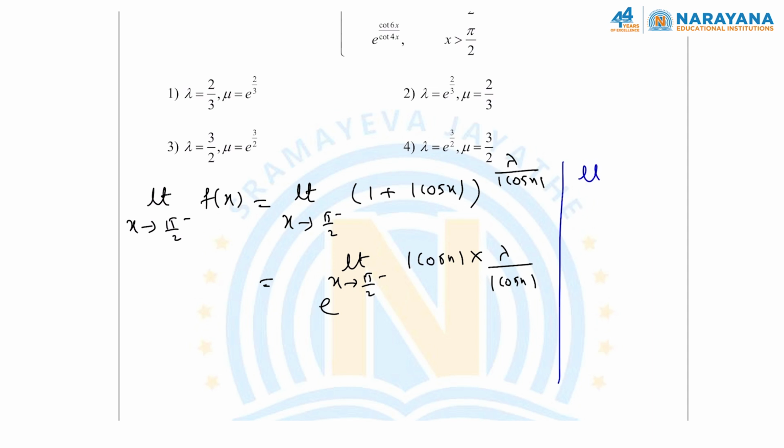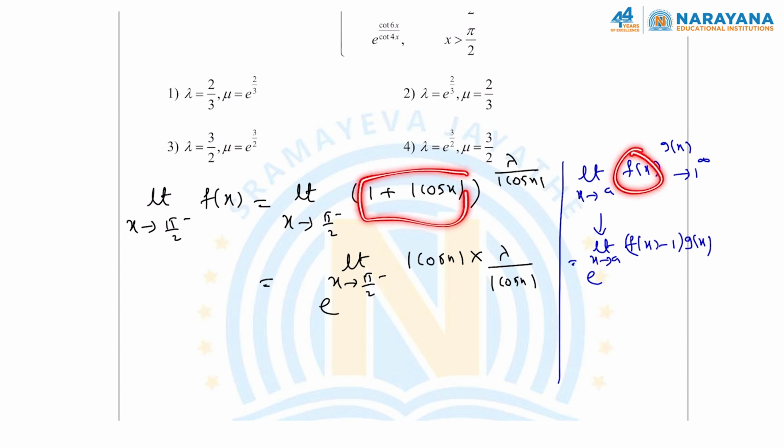If limit x tending to a of f of x power g of x is of the 1 power infinity form, then this can be calculated using e power limit x tending to a of (f of x minus 1) into g of x. So here in the place of a we have pi by 2 minus, in the place of f of x we have 1 plus mod cos x, and in the place of g of x we have lambda by mod cos x.